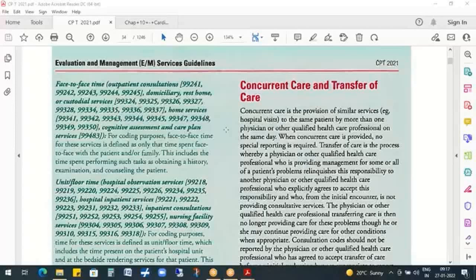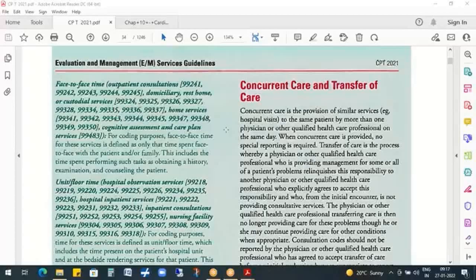Both you need to code, septoplasty also. There is a note in septoplasty: for submucosal resection of turbinates, use 30140. So we can use 30520 and 30140. Okay, thank you.